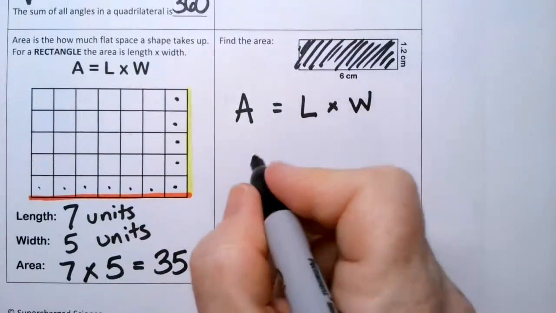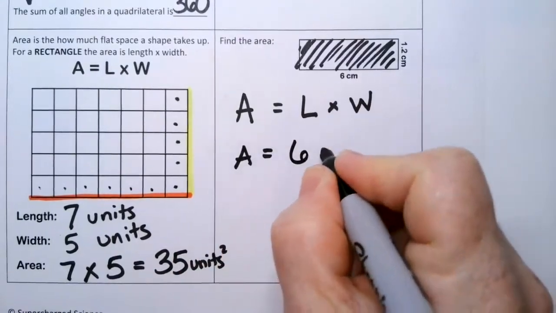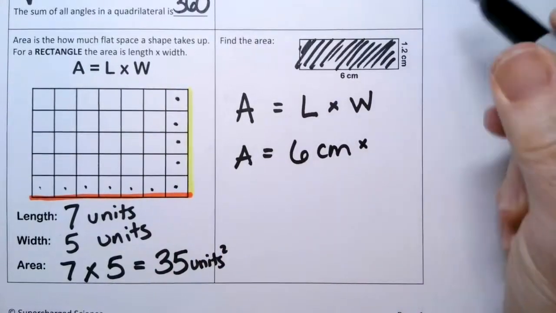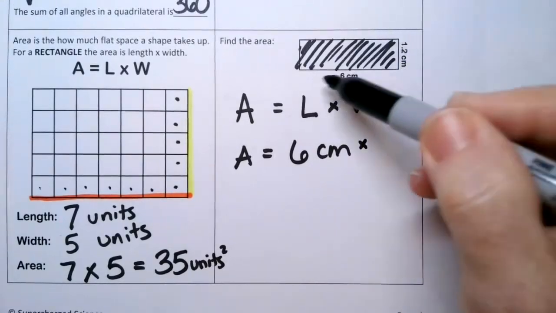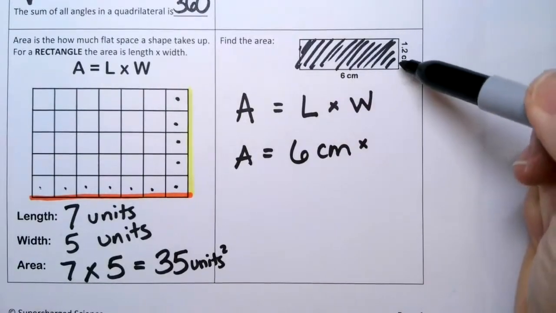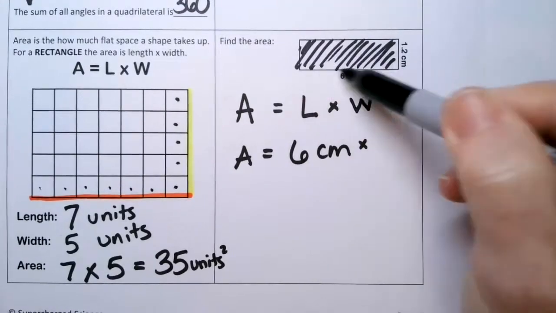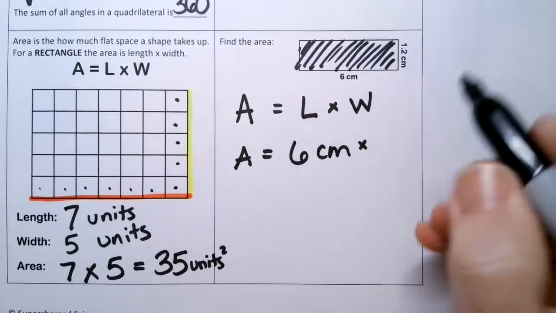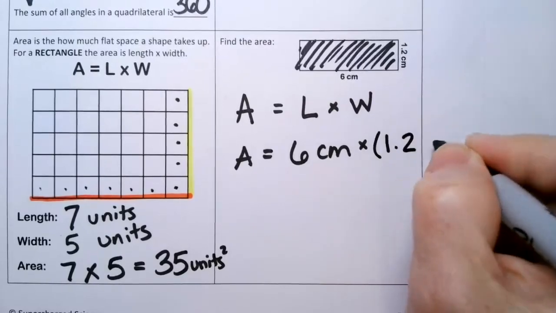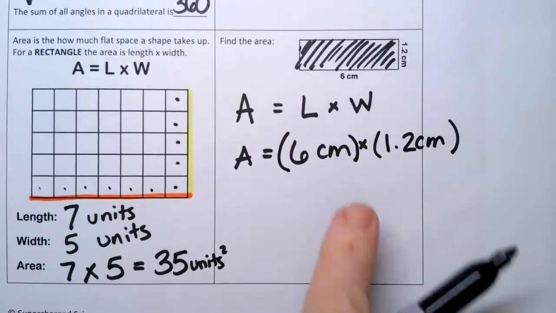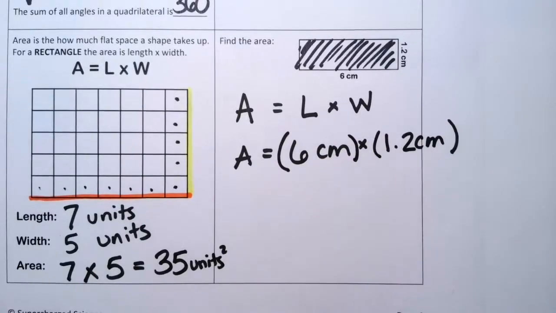The length is 6, so we're going to say 6 centimeters times the width, or sometimes they'll call this the base and the height. Just know that it's one dimension times another dimension, and these two dimensions are perpendicular, right? Horizontal and then vertical. All right, so this is 1.2. I'll put it in parentheses so it's clear. Put this in parentheses too, okay? That we're multiplying these two numbers together.